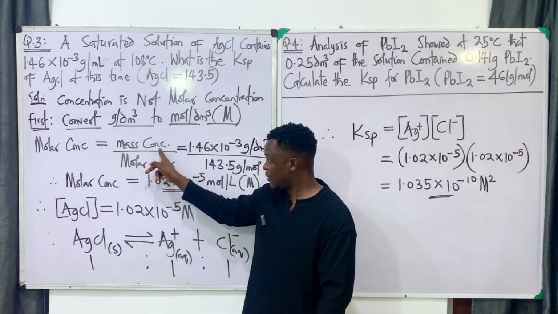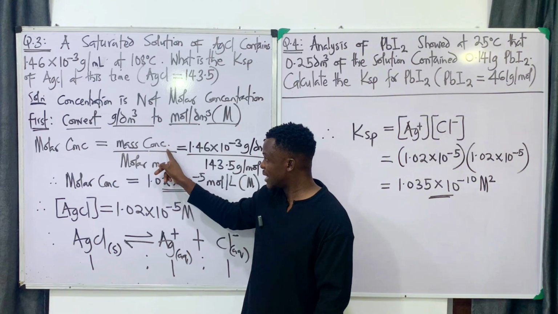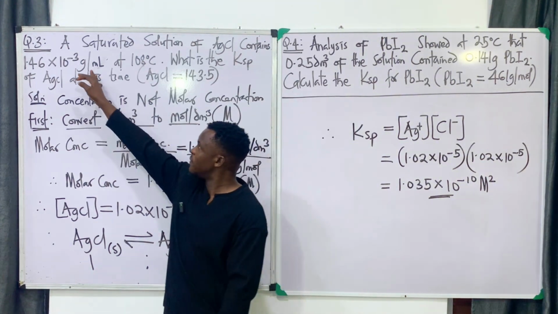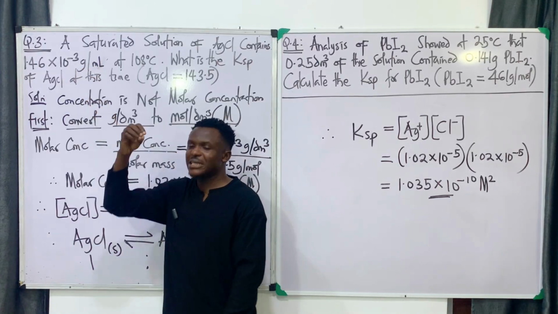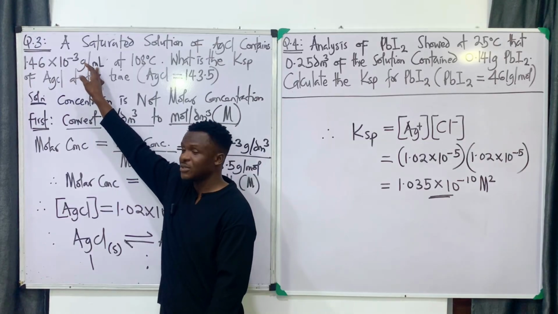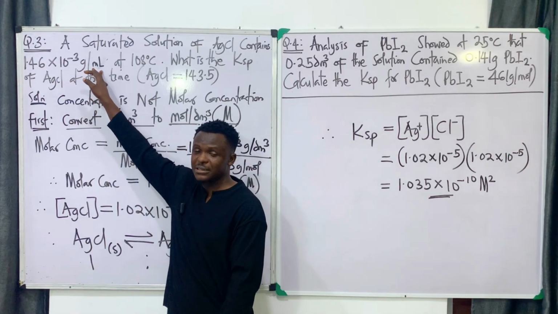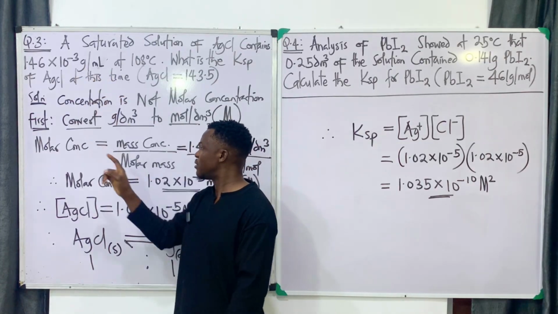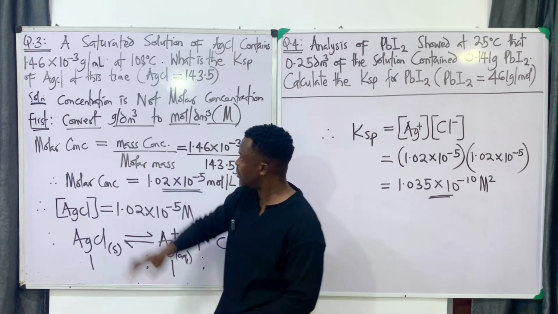For you to use this formula, this place has to be grams per liters. So first thing first, you need to convert this mil to liters. Once you convert this mil to liters, you can now have grams per liters. From there, you can now substitute this value into the mass concentration. All right.